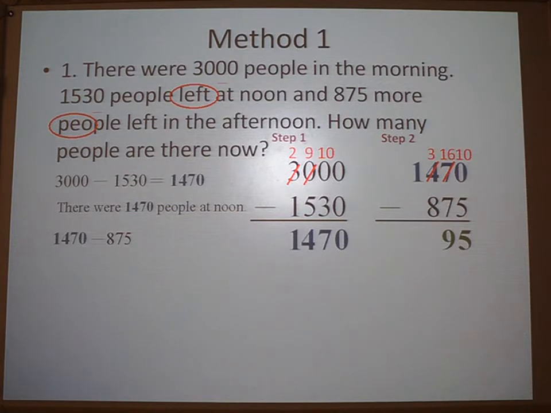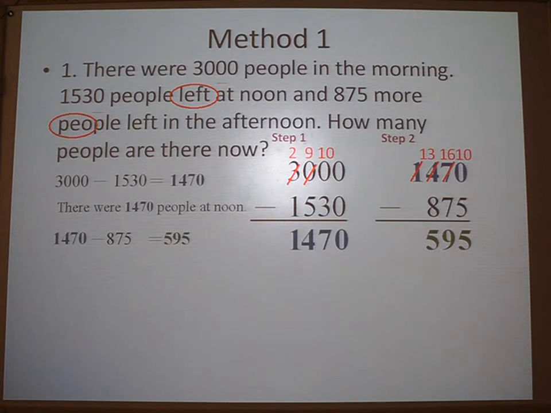Therefore, we need to borrow from the 1000th place. So there will be nothing for the 1000th place now. And for the 100th place, it becomes 13. 13 minus 8 equals 5.